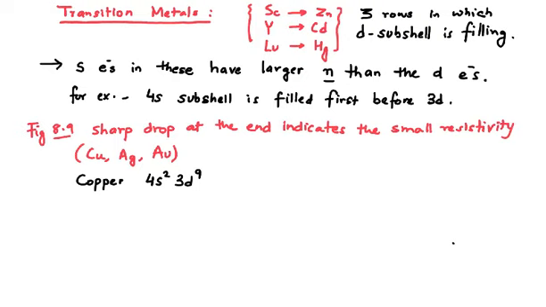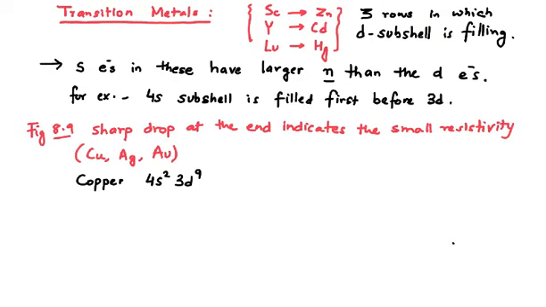If you look at figure 8.9 in the textbook, you will see that there is a sharp rise at the center of the sequence when you plot the resistivity, and there is a sharp drop near the end, and that sharp drop at the end indicates small resistivity for copper, silver, and gold.